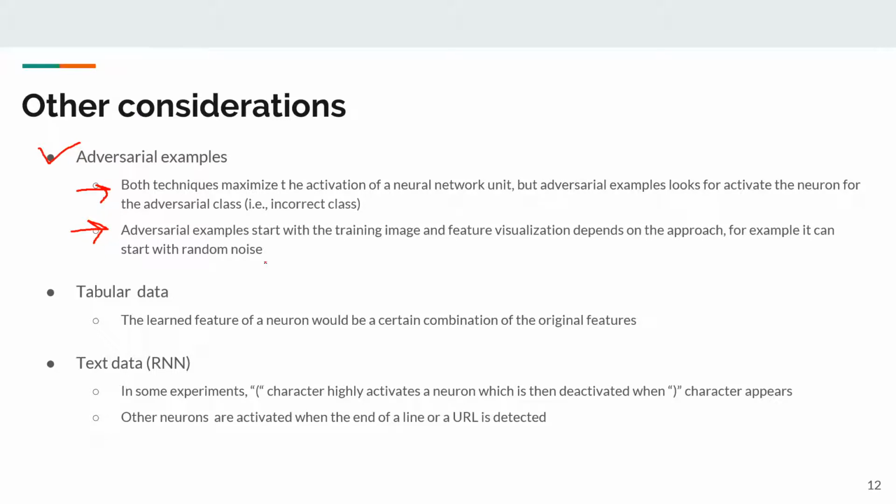For feature visualization, it depends on the approach, for example, random noise. This method can also be used for tabular and text data. For tabular data, the learned features will be a certain combination of the original features, for example. Additionally, the method has been applied to recurrent neural networks, discovering interesting interpretable features such as the opening and closing parenthesis character, end of the line, and URL.